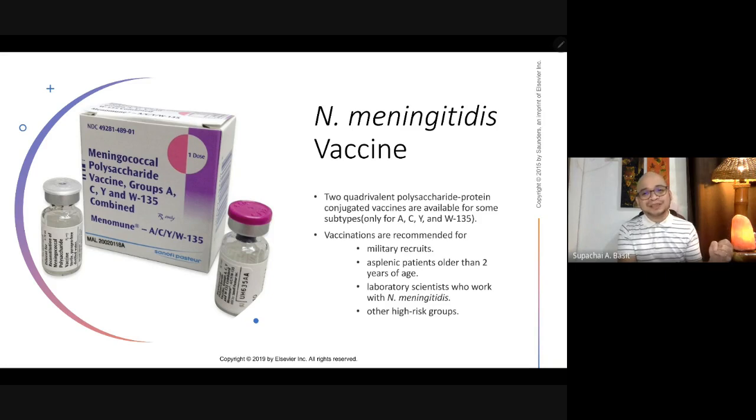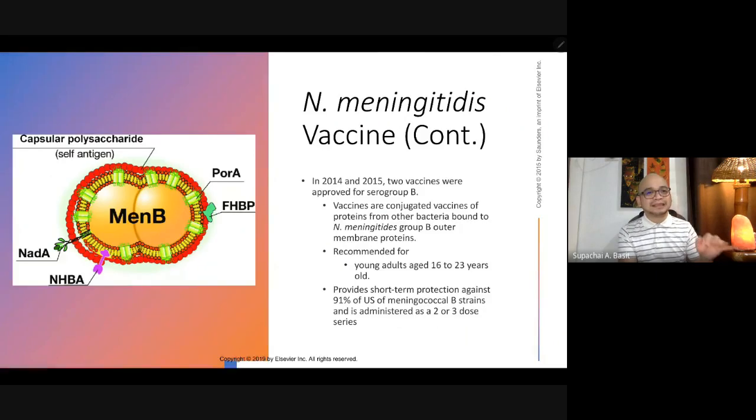Military recruits, mga sundalo, or clinic patients older than 2 years of age, lab scientists who are working with Neisseria meningitidis, and other high-risk groups. Yan. And in 2014 and 2015, 2 vaccines were already approved for serogroup B.